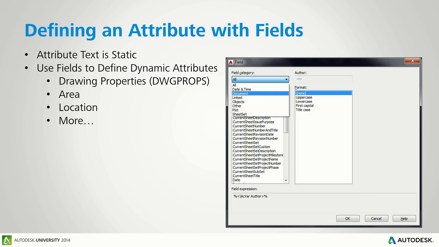By default, it's going to show you all of them. So you would want to kind of filter out the category you want to work with, in this case, document, and it allows you to specify the field properties that are available for document. There's a whole bunch of fields. We'll just do a little bit to give you an idea of how it works.